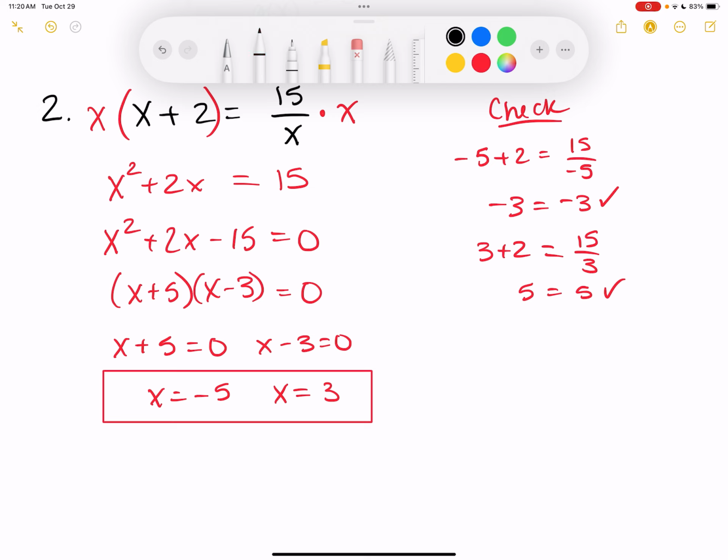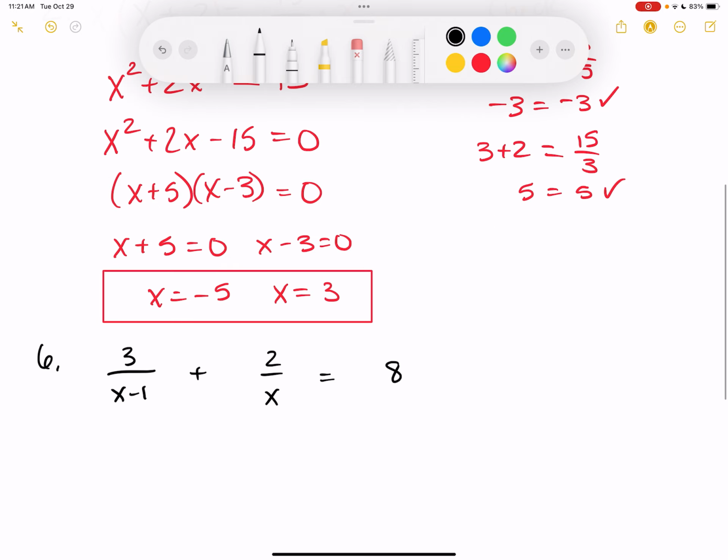Number 6, 3 over x minus 1 plus 2 over x equals 8. So when I have something like this, I want to basically multiply the entire equation by my common denominator to get rid of the denominator altogether.